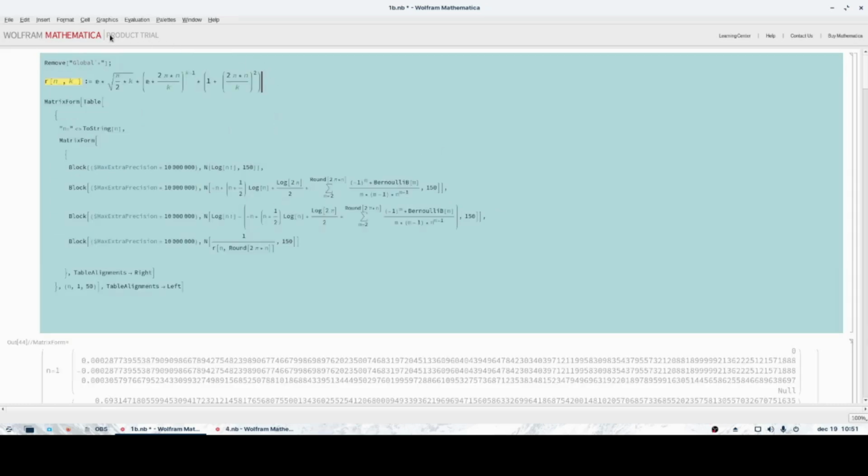And here is the remainder term, this r. It depends on n and k. And I add it to the fourth line to see what's happening.